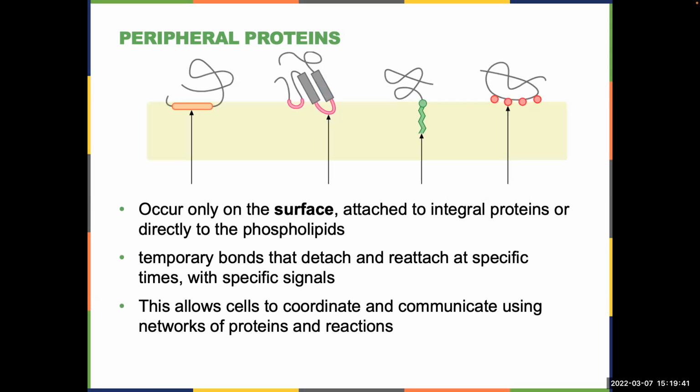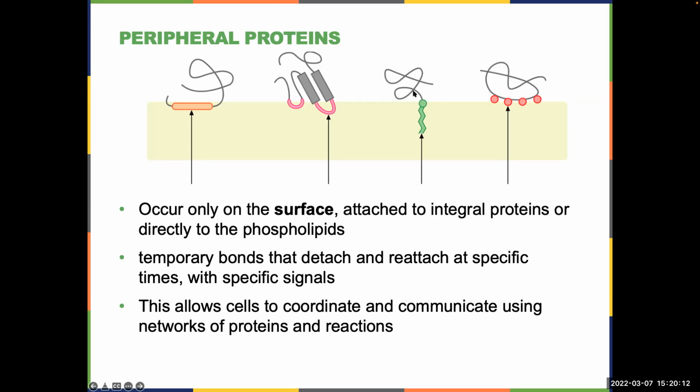Peripheral proteins, as I mentioned, will be only on the surface. That might be the outside of the cell, or it could be inside, but it won't be both. It'll be one or the other. And sometimes it looks like it's going into the fatty acid tails, but this is actually an additional component to anchor it into the membrane, where the protein itself is still only on the surface.